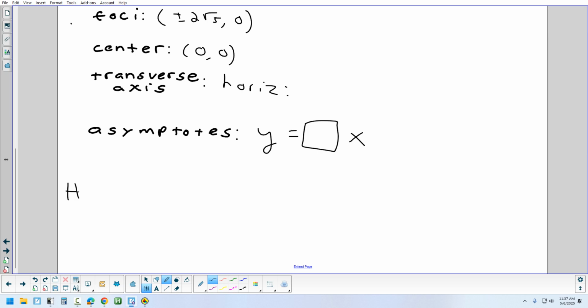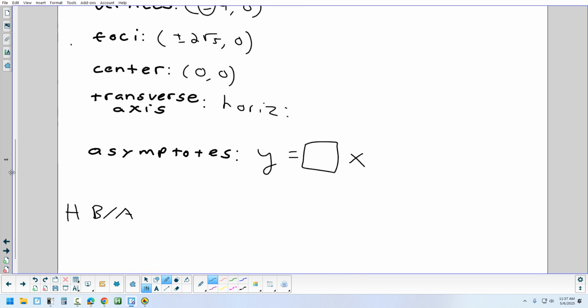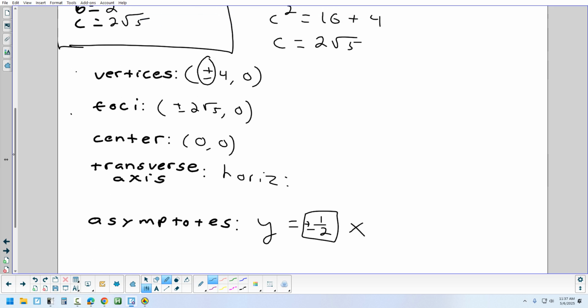B over A. B is 2, A is 4. You can reduce that, so it's 1/2, positive or negative. All right. So that's everything that you'd have to describe about your hyperbola. Any questions on that one?